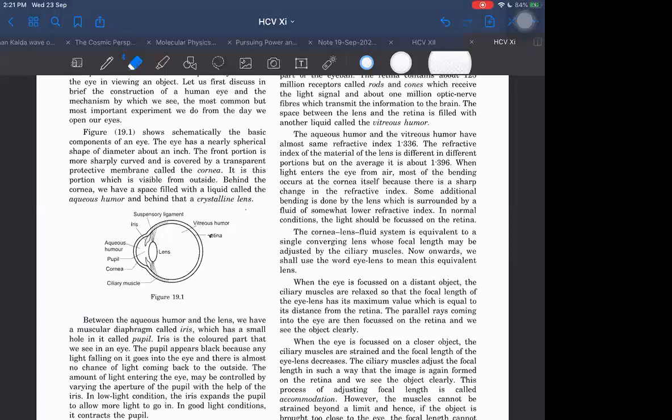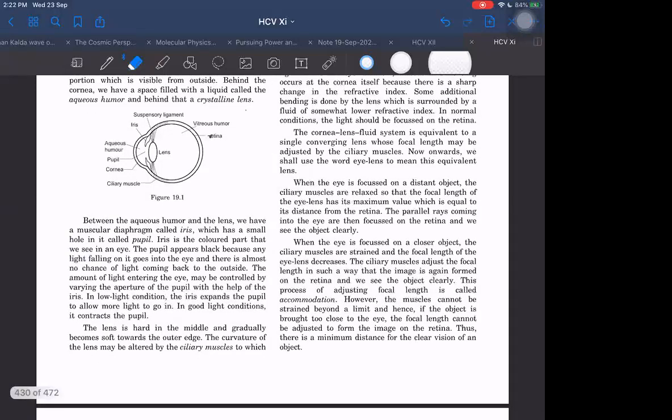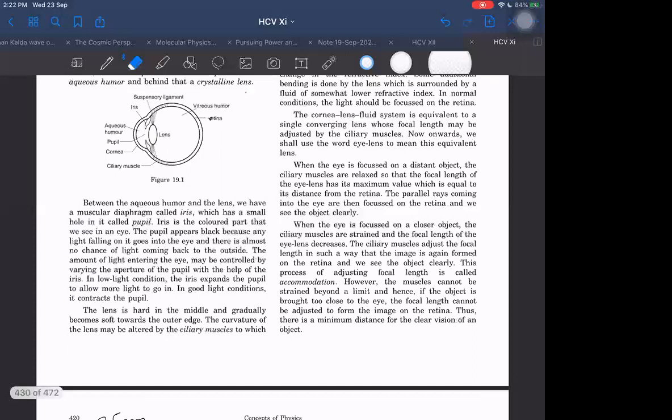Our eyes are relaxed when we see farther away. For example, seeing the stars in the night or the moon or some farther away objects, okay? Then your eyes will be relaxed. But while you are looking close, then your eyes will be strained. So more strength of muscles is required, more power is required to see closer distance objects. This much you know first.